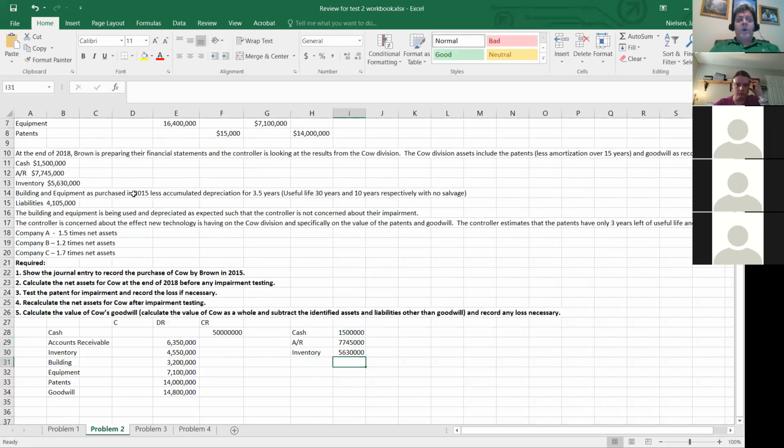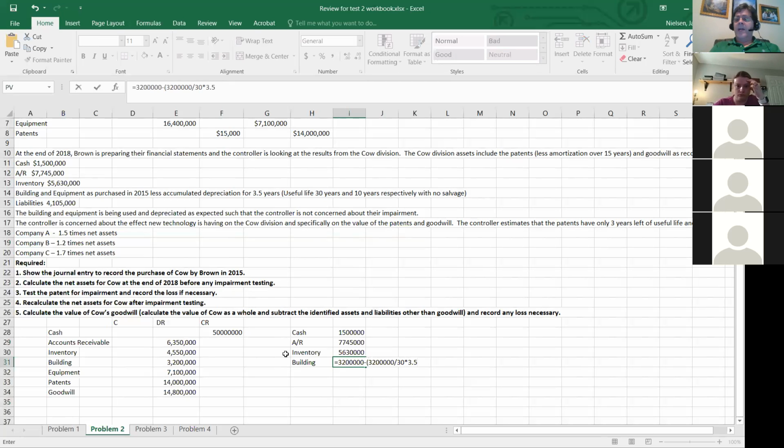Now, the building and equipment have been depreciated, the building for 30 years and the equipment for 10 years, for 3.5 years. You could calculate that a couple of different ways. One formula: take the original, the building was 3.2 million, and subtract from that 3,200,000 divided by 30 times 3.5.